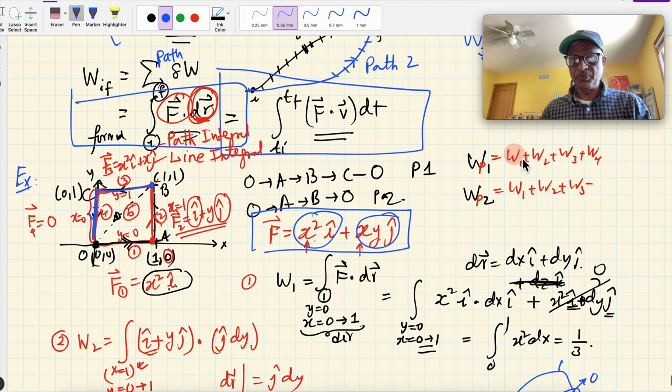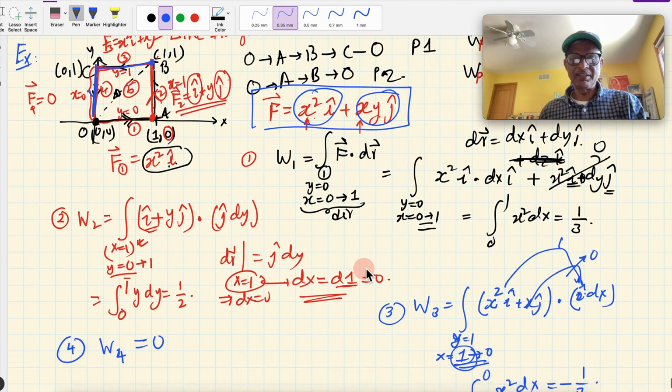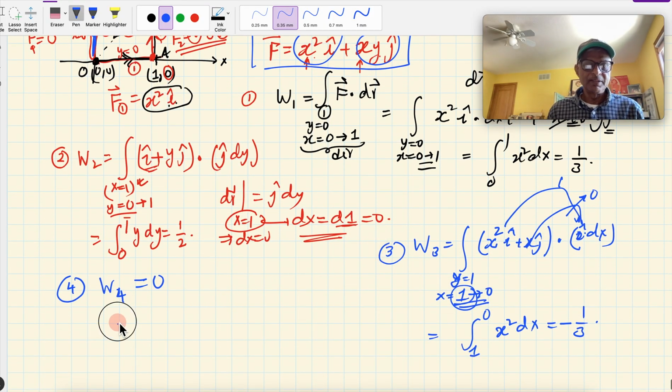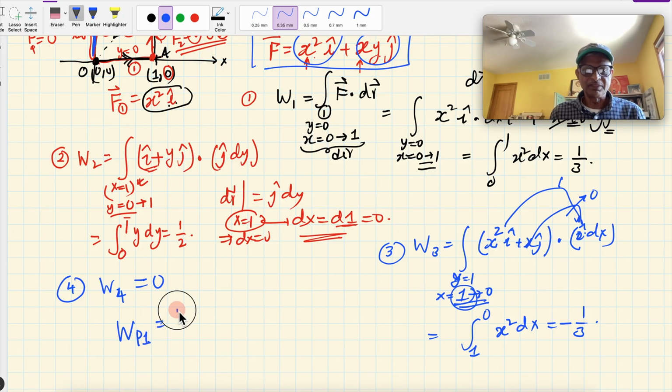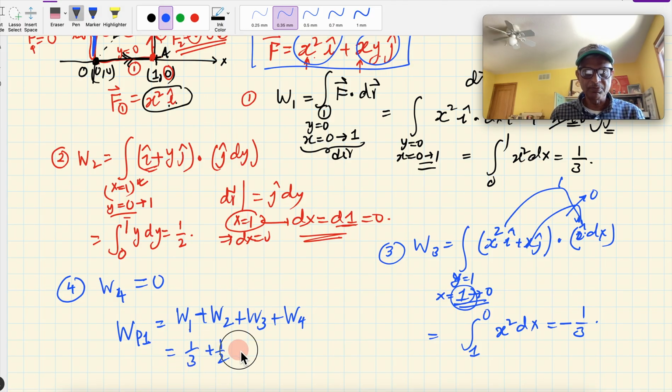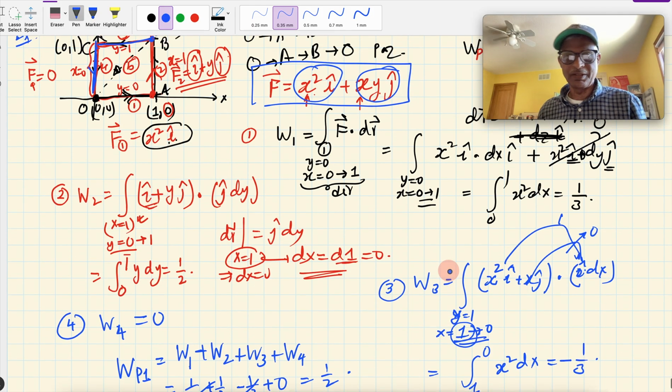So we figured out W1. I just have to add these 4 segments. So W on path 1 is W on segment 1, W on segment 2, W on segment 3, W on segment 4, and just 1/3 plus half minus 1/3 plus 0, and this is just half. Good.